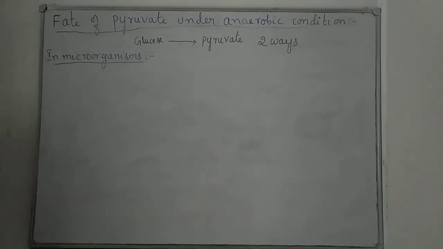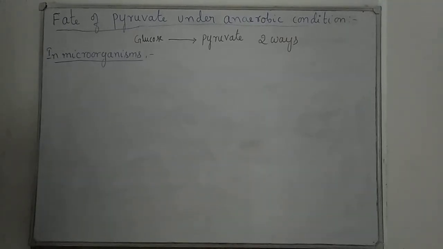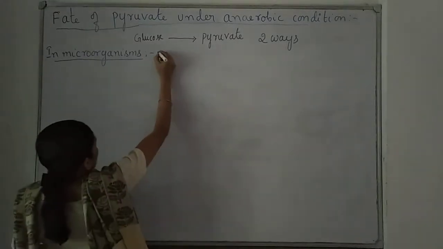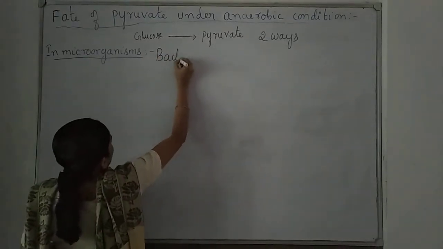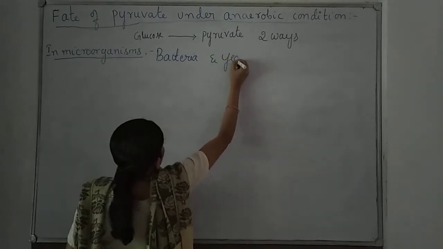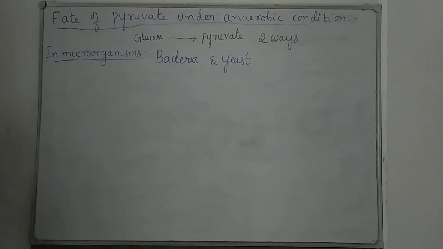Coming to the fate of pyruvate under anaerobic condition. In glycolysis, glucose is converted into pyruvate, and this is utilized in two ways. In microorganisms like bacteria and yeast, the pyruvate is converted into ethyl alcohol, and the reaction takes place in two steps.